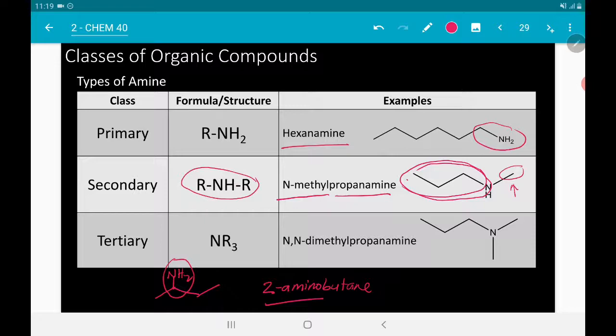Okay? So, this happens kapag ka yung nitrogen mo ay nasa dulo ng bawat isang chain. This happens kapag ka ganun yung situation. Okay? There are more complex ways of naming amines kapag ka may mga substituents na yung chains. Okay? So, we'll see about that later.